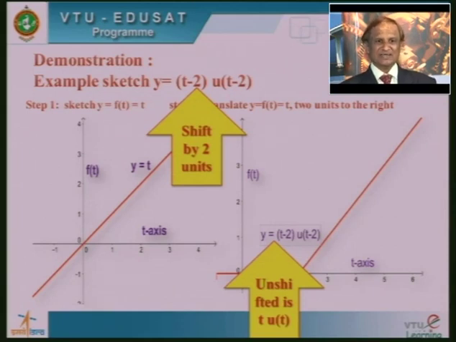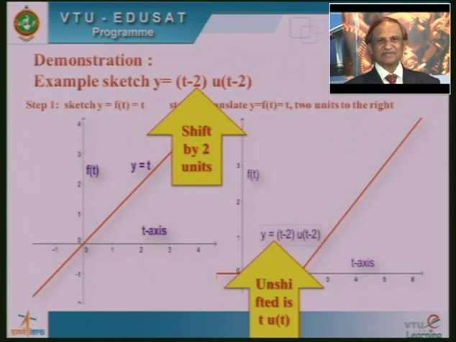Or I can demonstrate: sketch y is equal to t minus 2 into u of t minus 2. Actually, what do you mean by minus 2? Either in t minus 2 or u of t minus 2, I can say that it is a shift of 2 units to the right hand side. If I write t minus 2, the curve will shift 2 units to the right on the t axis.